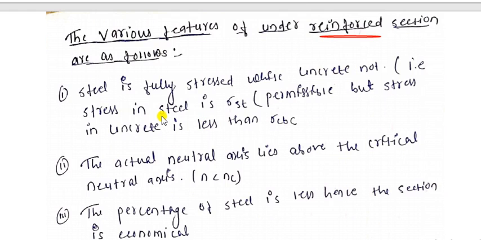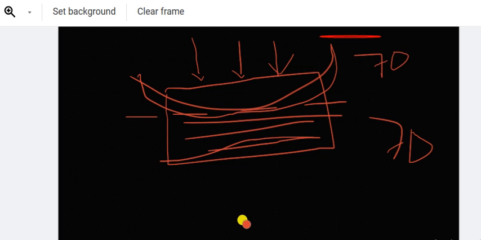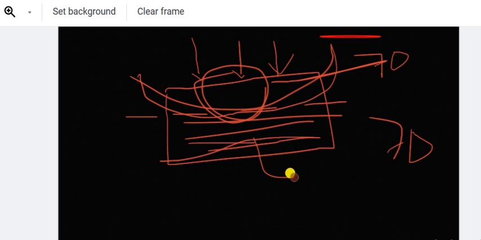As I have told you, the percentage of steel is less in this type of section, hence the percentage of steel is less than in the balanced sections. In the balanced section both are 70-70, but in the under reinforcement section, imagine the compressive is 70, the permissible value, but here the percentage of steel is less, so imagine this value will be 40.